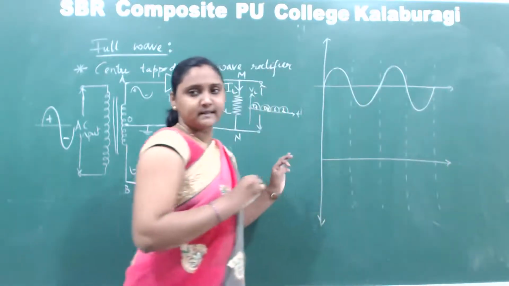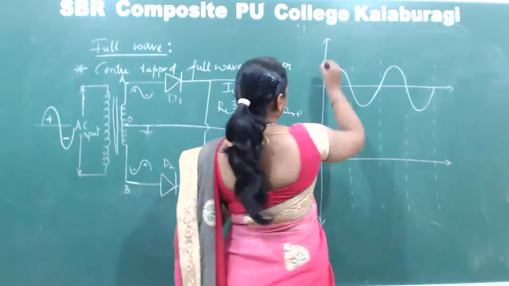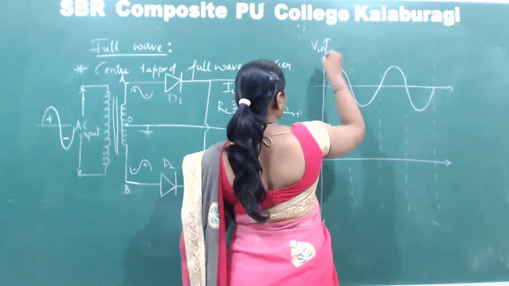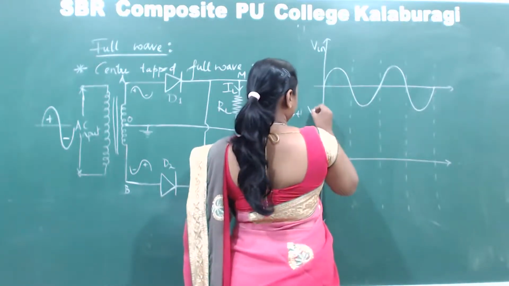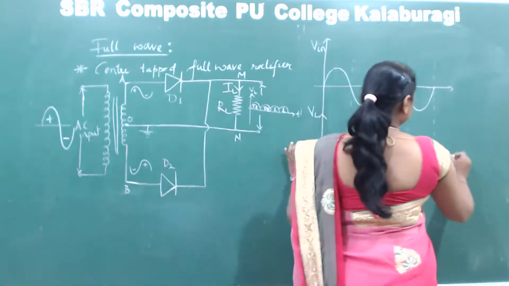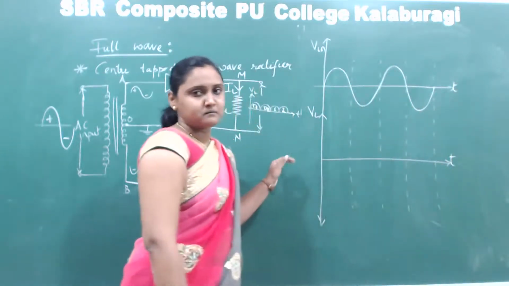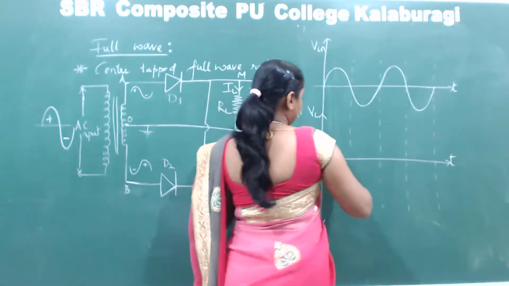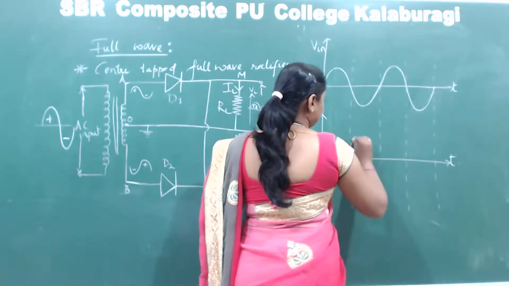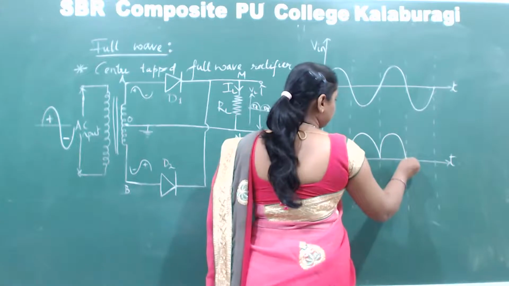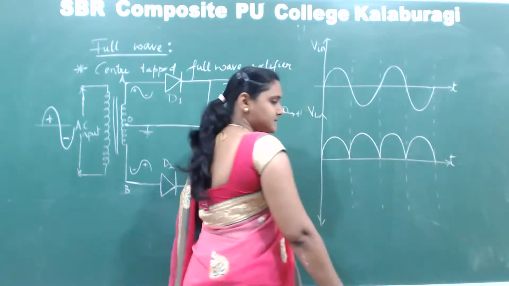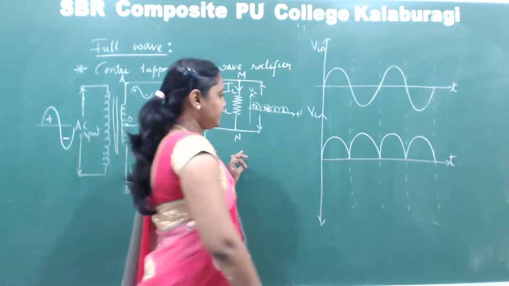This is the input signal, Vin, and this is VL, the output of the rectifier.